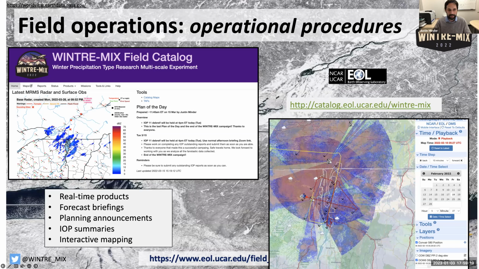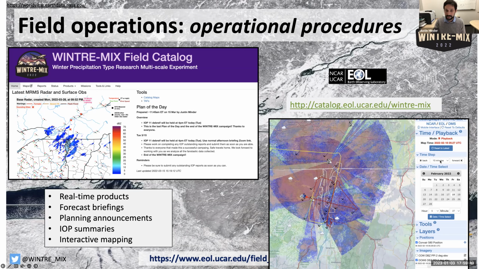This included real-time products from operational weather networks. We would post our forecast briefings up onto this web page. We would have a plan of the day where we made announcements for what our plan was for our operations each day. We'd have summaries of our IOPs, reports that we could access here, and an interactive mapping tool where, during an IOP, we could see where the aircraft was at any given time, what the radars were seeing, where our sounding teams were, and so on.